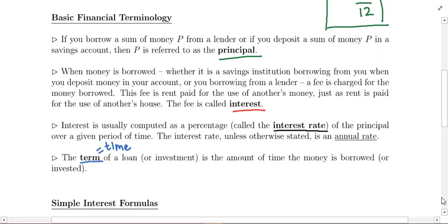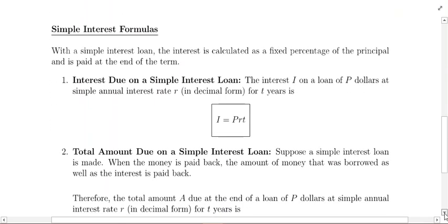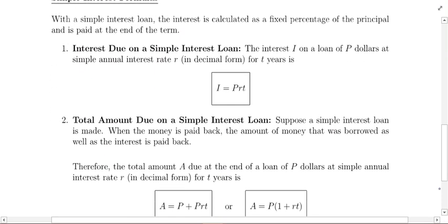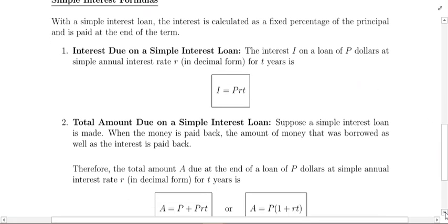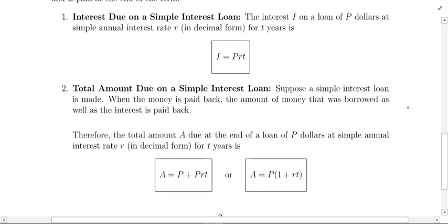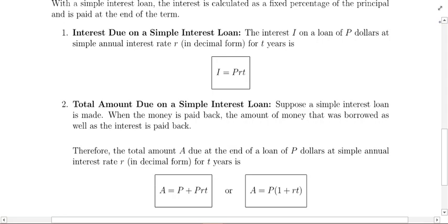At the bottom of page 2 of your section 3.1 notes, we are going to get introduced to the simple interest formulas. You can see them right here at the bottom of page 2. I'm going to scroll up so I can see all of the formulas here.